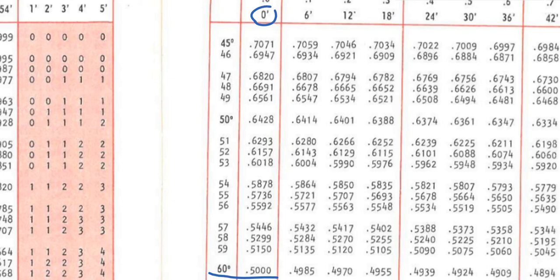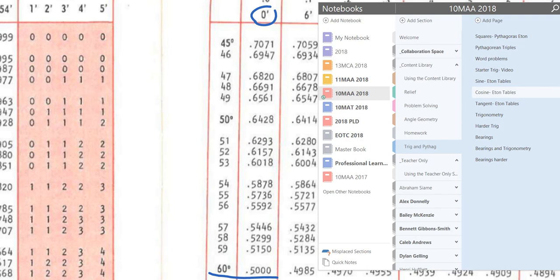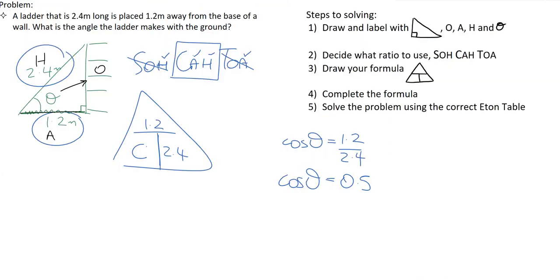So the angle, going back to that, is what you put on your calculator. So that's my answer. The angle the ladder makes with the ground is 60 degrees.